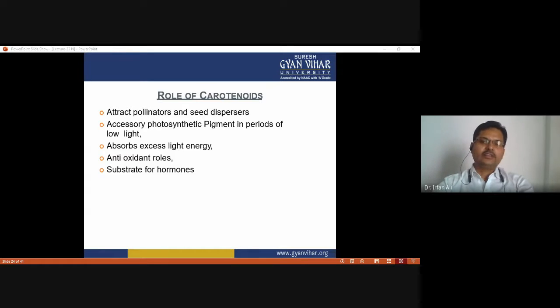So they can help in absorbing light when the intensity of light is very low, and absorb excess light energy, which may be harmful for the plants. They also have antioxidant roles, and may be substrates for various plant hormones.